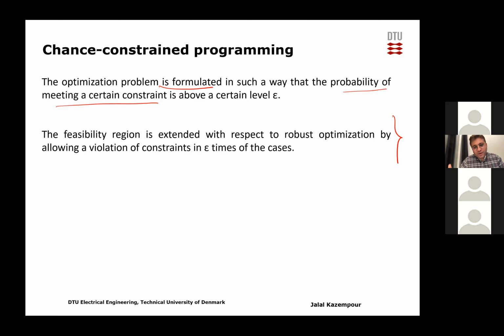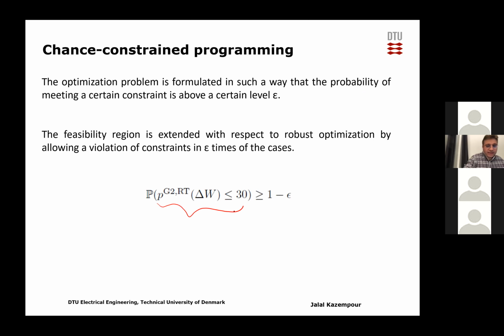Again, I'm repeating, each probabilistic constraint, each constraint that depends on an uncertain variable or parameter, we allow to be violated to some extent. Let me provide an example. For example, this is the deviation of generator G2 in real time, and it should be lower than 30. Note that since we don't have scenarios, delta omega is our source of uncertainty.